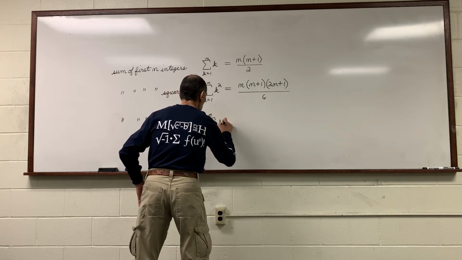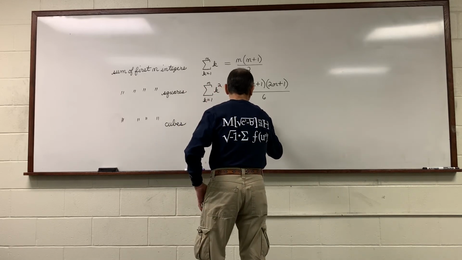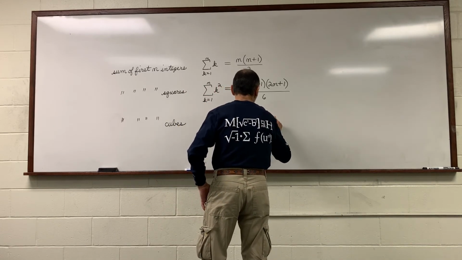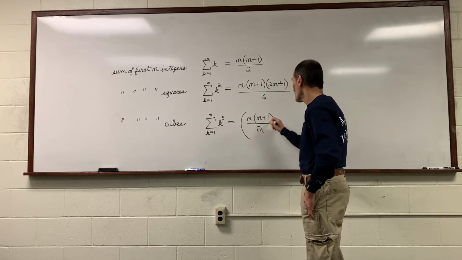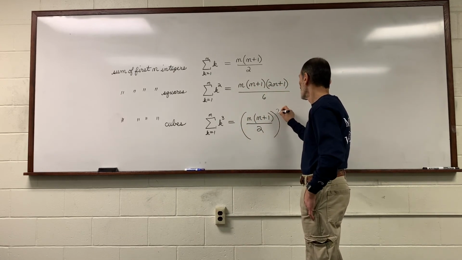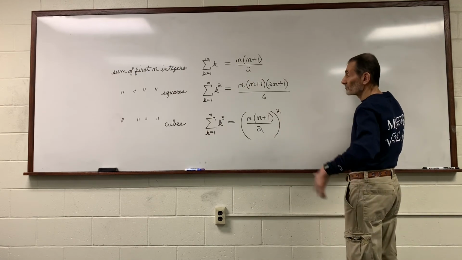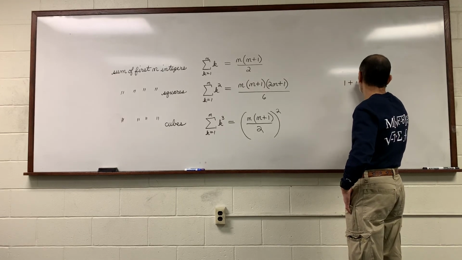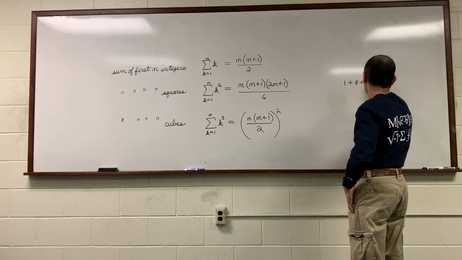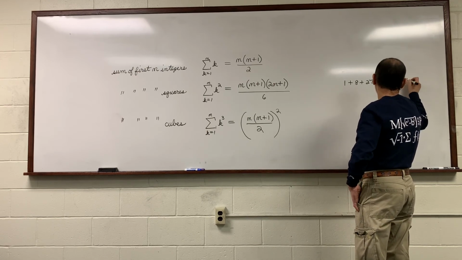All right, k cubed. Well, this is really neat. This will look familiar. The sum of the first n integers squared. So let's just take the first 5 cubes. 1 cubed plus 2 cubed plus 3 cubed plus 4 cubed plus 5 cubed.